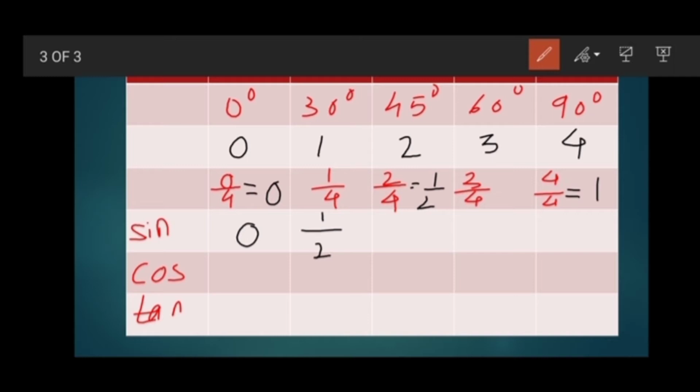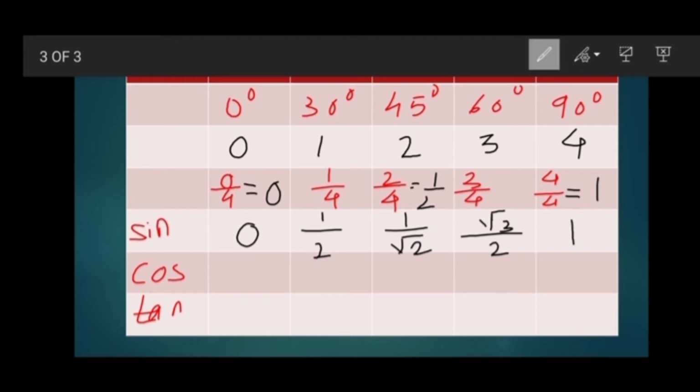Square root of 1 over 2 will be 1 over root 2. For 3 over 4, square root of 3 is root 3, and square root of 4 is 2. And square root of 1 will be only 1.